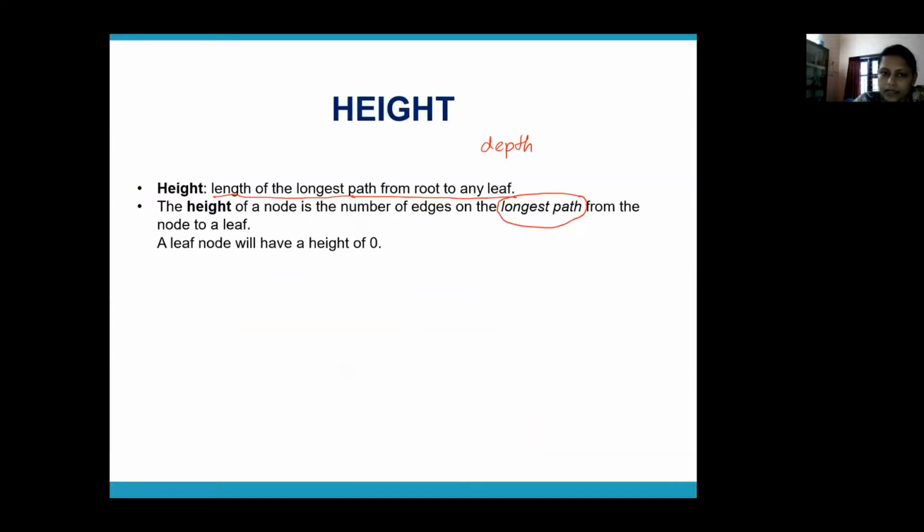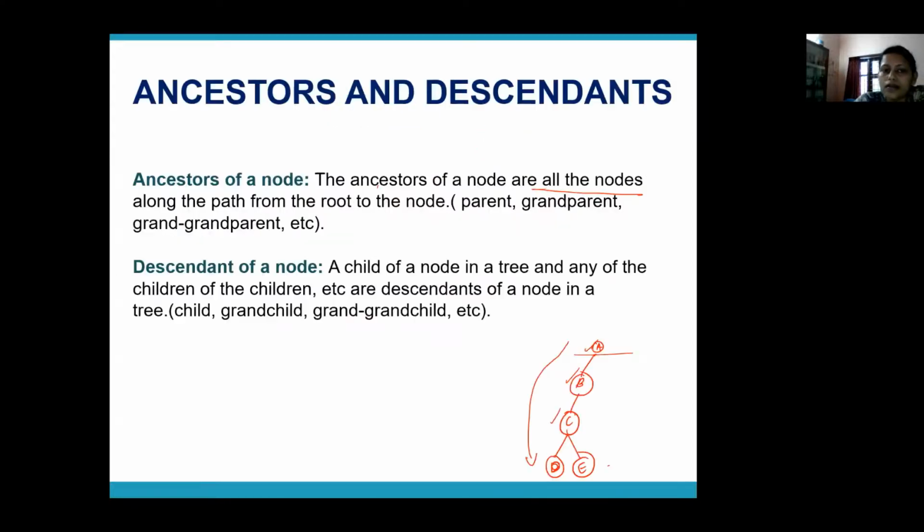Height, it's the length of the longest path from root to any leaf, okay? Ancestors and descendants. Ancestors are all the nodes along the path from the root to that node. That means whoever is above that node. Descendants, a child of a node in a tree. It could be children of the children, children of the children of the children, and so on.